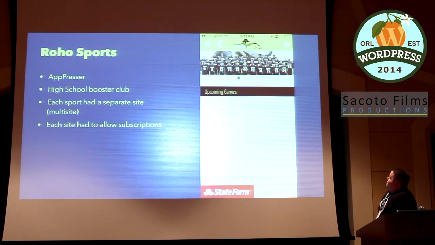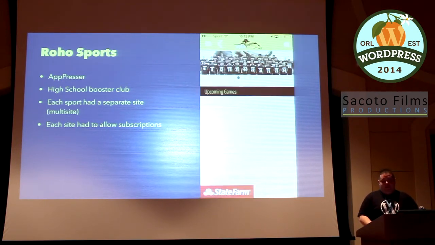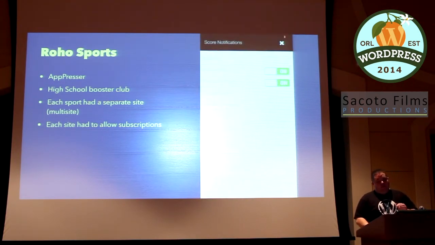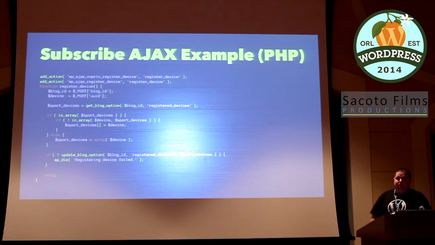We click the settings icon up there, and you can see as soon as I'm clicking, it's turning off or on. Anytime I click, basically, it toggles immediately. And then I do the request on the back end. So here's how it looks in PHP. All I did was add a WordPress Ajax endpoint.